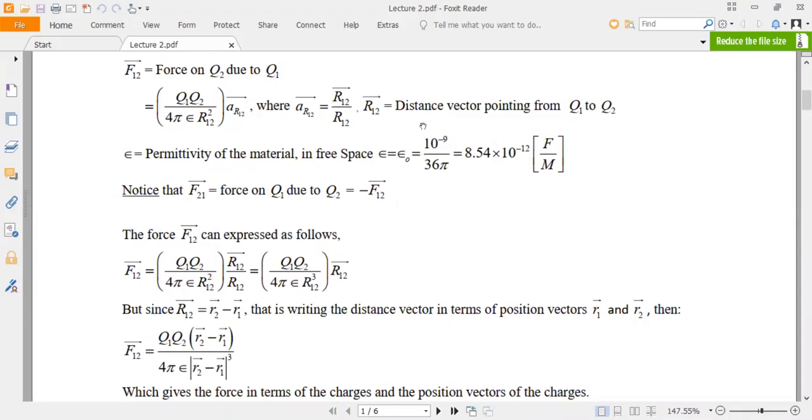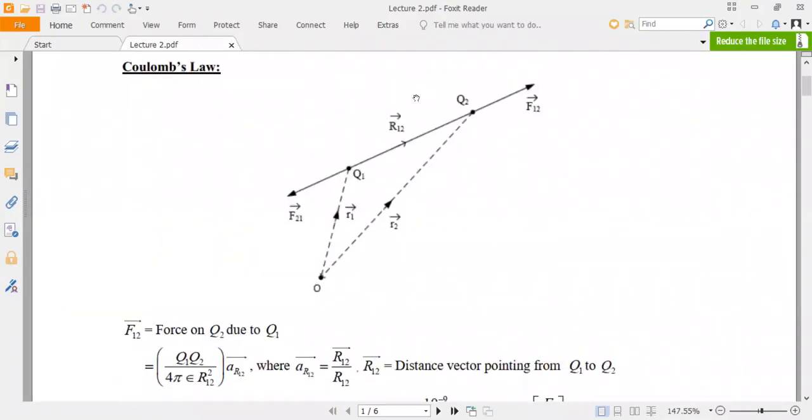Now I'm representing this distance vector by the position vectors. The position vectors are known to us, that is, the positions of our charges are known. So how can I represent this distance vector in terms of position vectors?